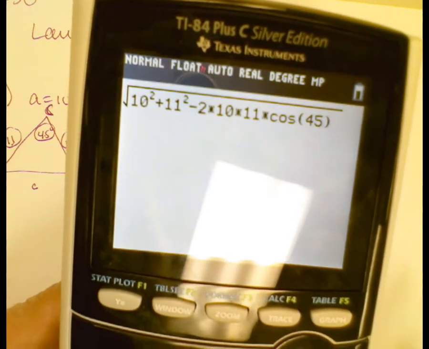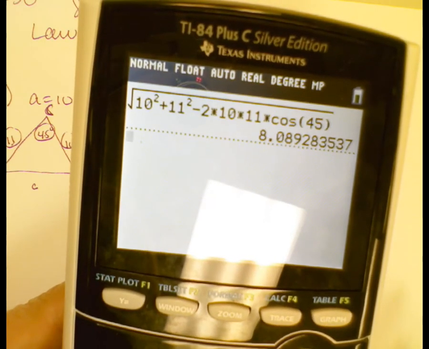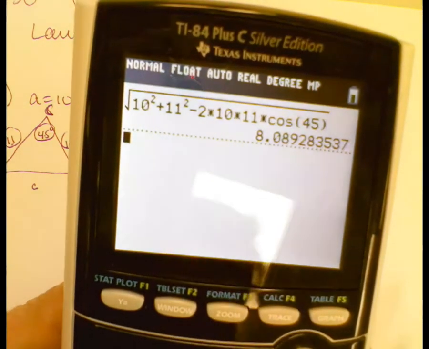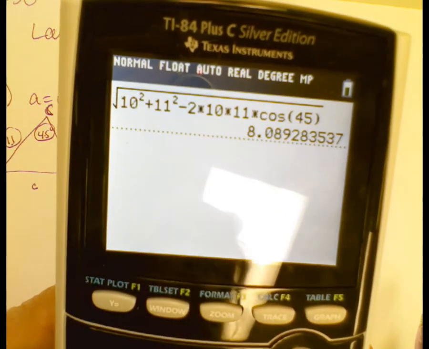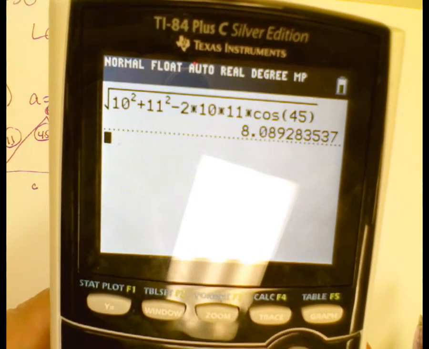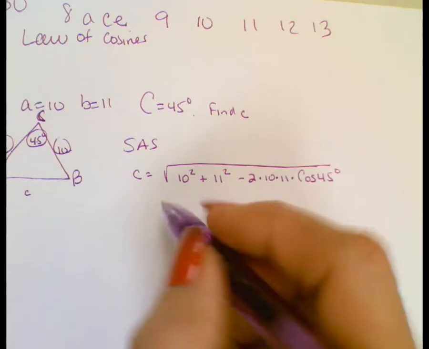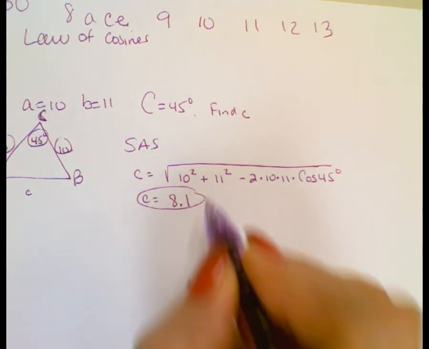And when we press enter, we get 8.1. Okay, so 8.089 you could use if it says nearest thousandth. It doesn't say in the book what to do, so I'm just going to go nearest tenth, 8.1. So side c is about 8.1, and that's your answer.